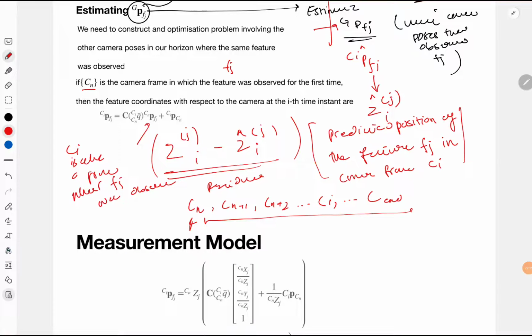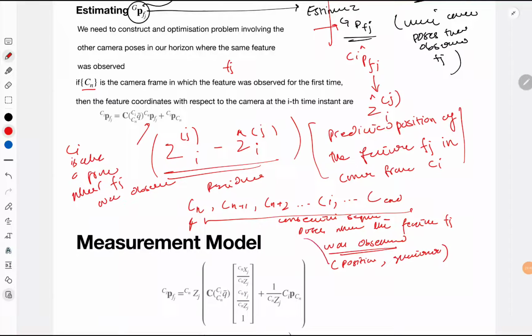This is a sequence of poses, by sequence I mean a consecutive sequence of poses, where feature fj was observed. For each of these poses we have the position and the quaternion, which would allow us to do this translation of position.